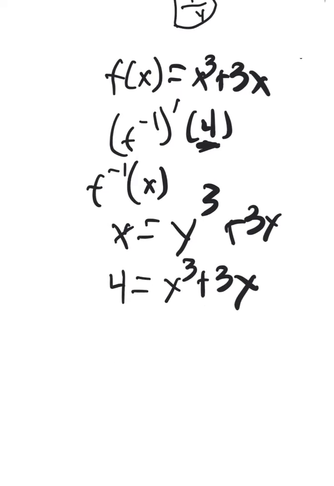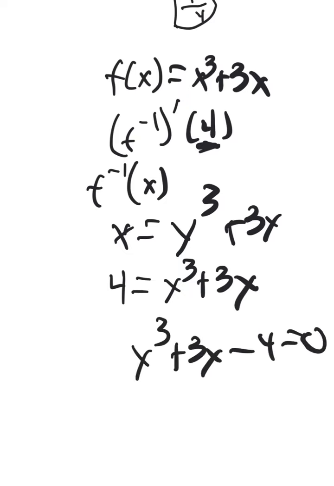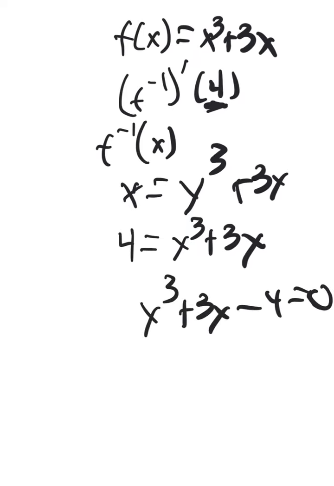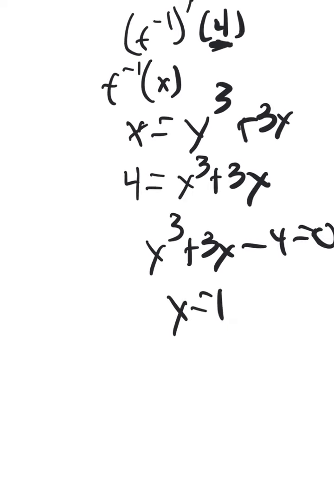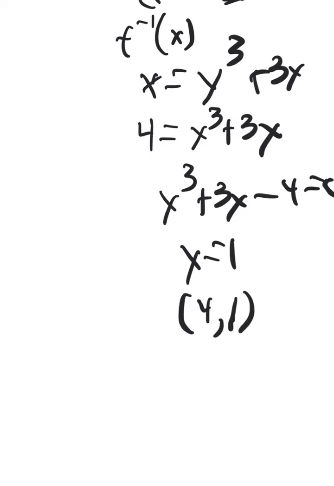And now if we solve for y, we get y cubed plus 3y minus 4 equals 0. If you plug this into a calculator and solve for y, you'll get that y equals 1. And if we remember about inverse functions, if we have the point 4, 1 on our inverse function, then the point on our original function is just going to be flipping the x and y values.